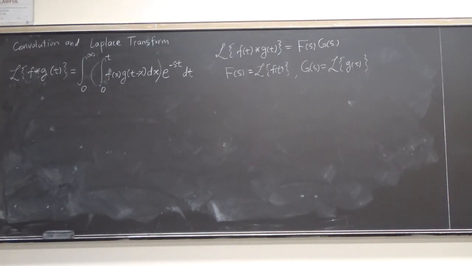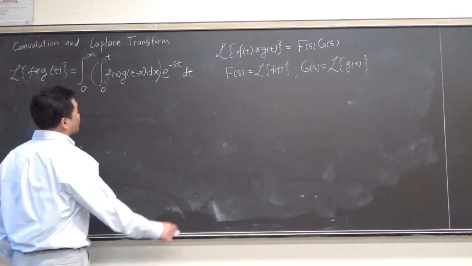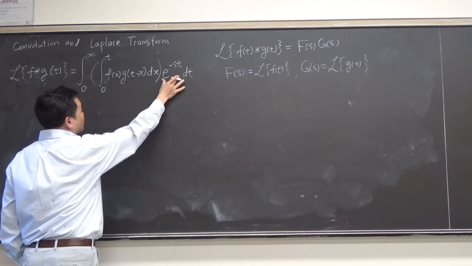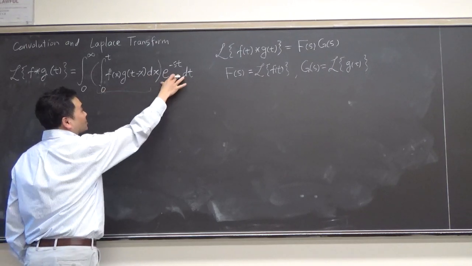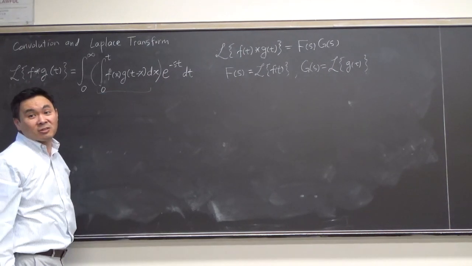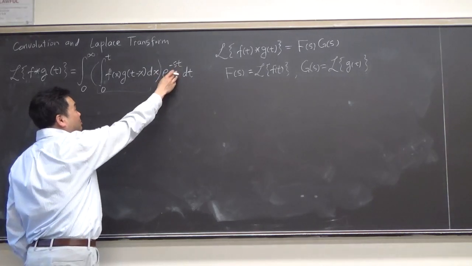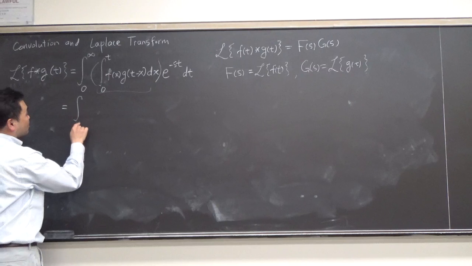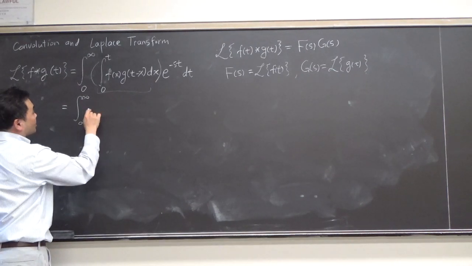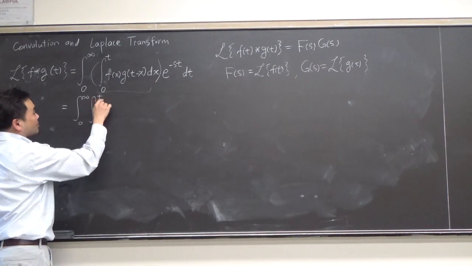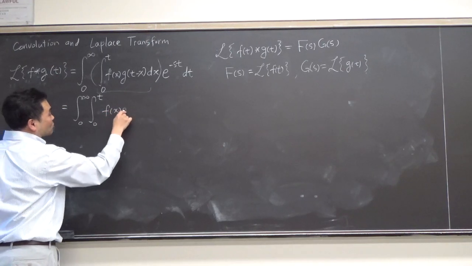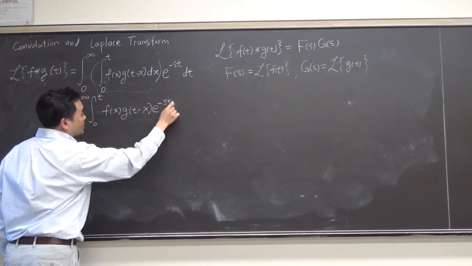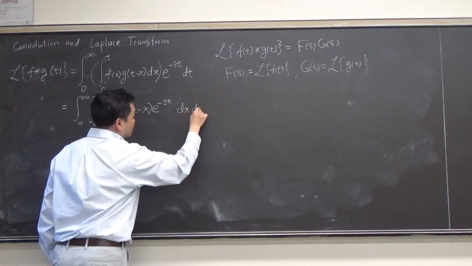Since this doesn't have x in there, in the view of this integral, it is just a constant. So any constant can be brought inside the integral. So what we have is the integral from 0 to infinity of the integral from 0 to t of f of x times g of t minus x times e to the negative st dx dt.